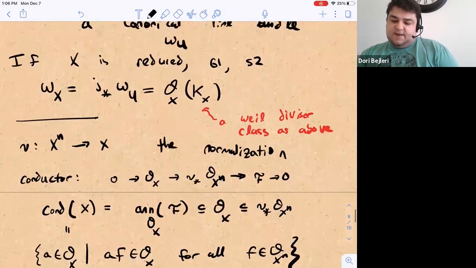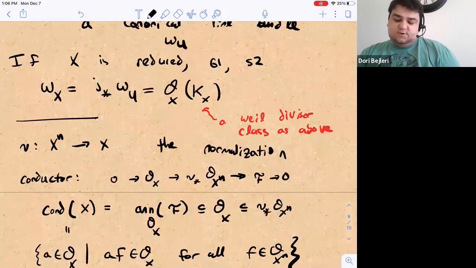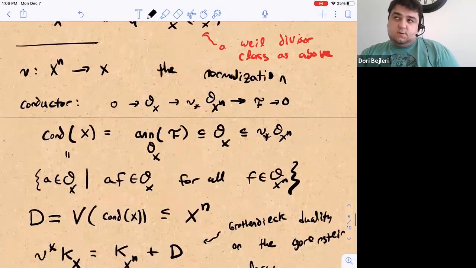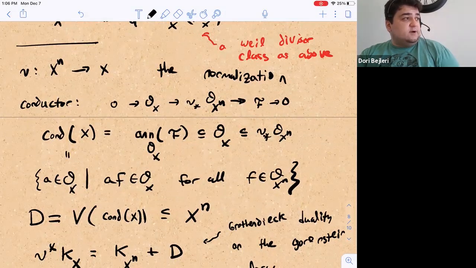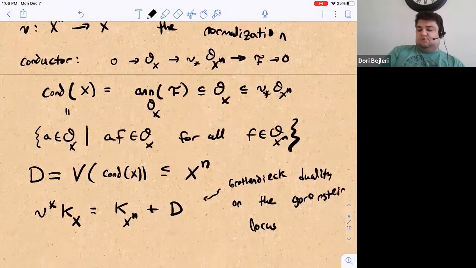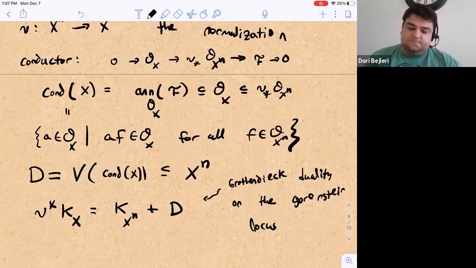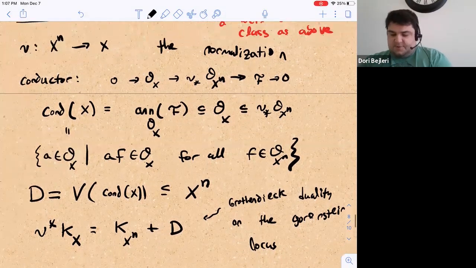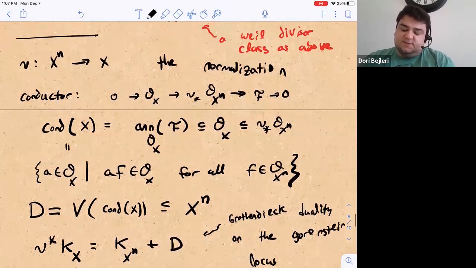I don't remember off the top of my head if S2 is good enough to ensure that D only has divisor parts. I'm not 100% sure about that. So for now, assume that we've thrown out any piece of the vanishing that's not a divisor. So this formula makes sense. Okay, so that's how we compare the canonical divisor downstairs and upstairs. We have to compute this conductor.